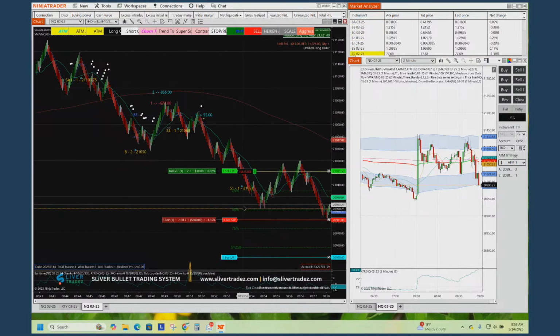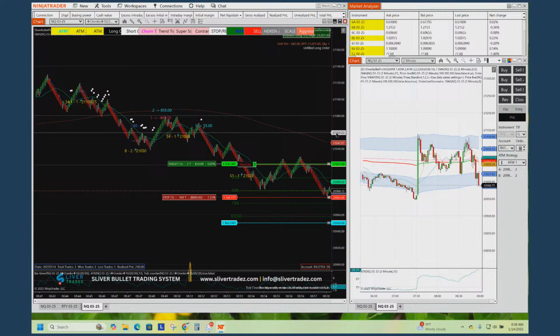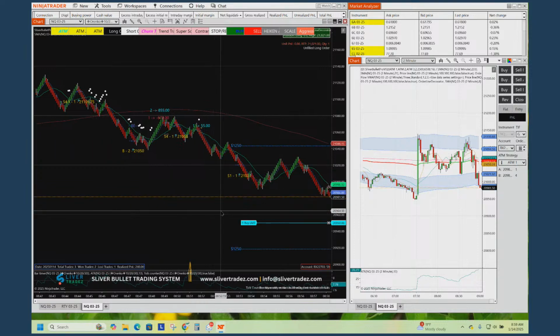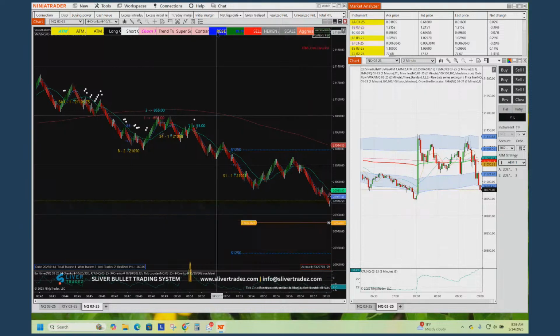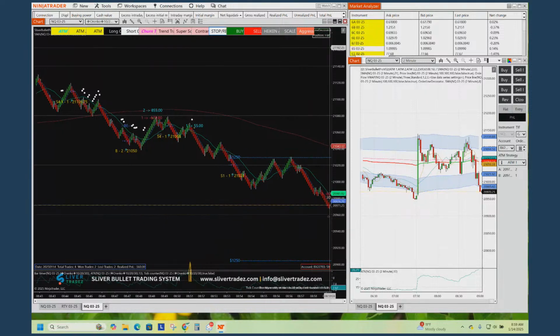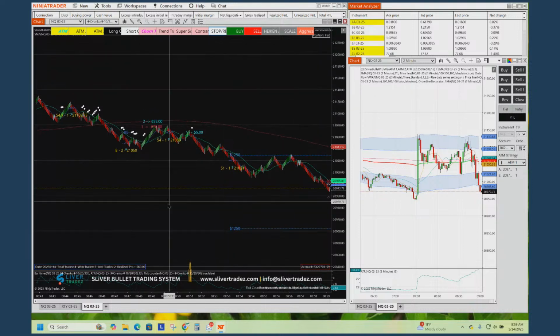I'd rather move my stop here and get out for a loss. It's a decent size loss, I would assume, but I have to take it. Order canceled. Market is coming down hard. So in fact, I was in a profitable situation. Now I'm in big red.